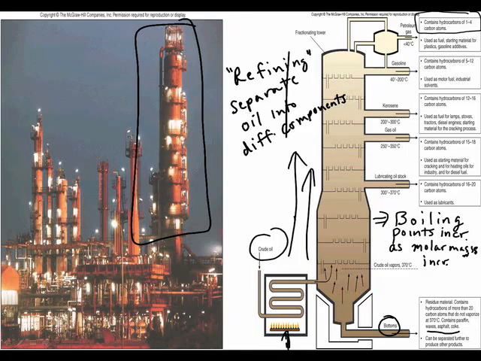Down here is where we're going to get gasoline. Gasoline is predominantly a hydrocarbon with 5 to 12 carbon atoms. So gasoline is still a mixture, but it's mostly made up of hydrocarbons that are 5 to 12 carbons in them.